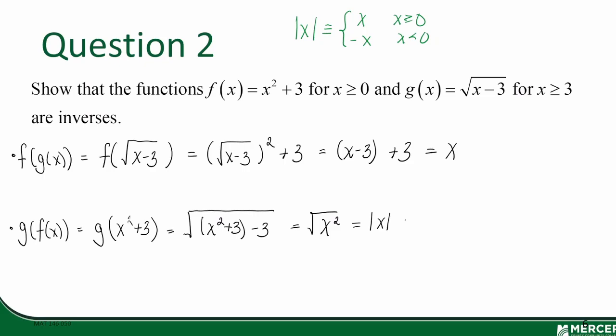With that, that means that this absolute value of x is just x. And that's because x is greater than or equal to 0. That's why that restriction was important.